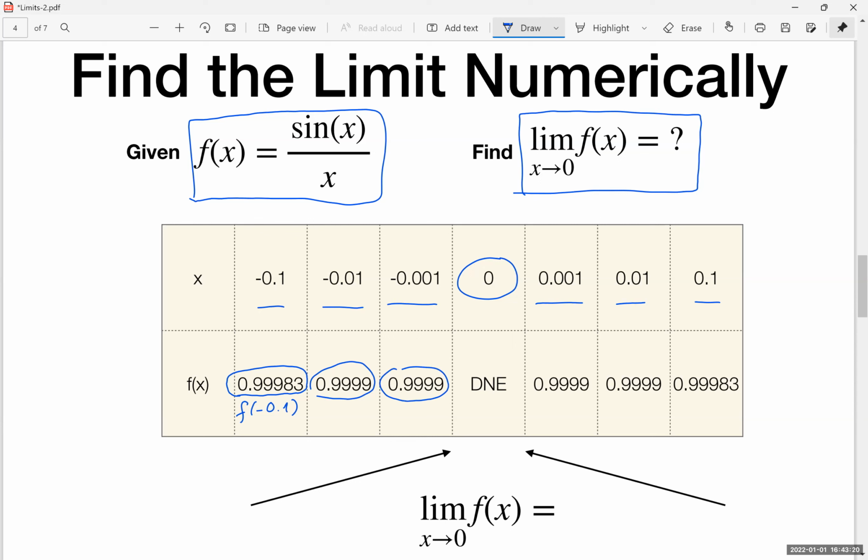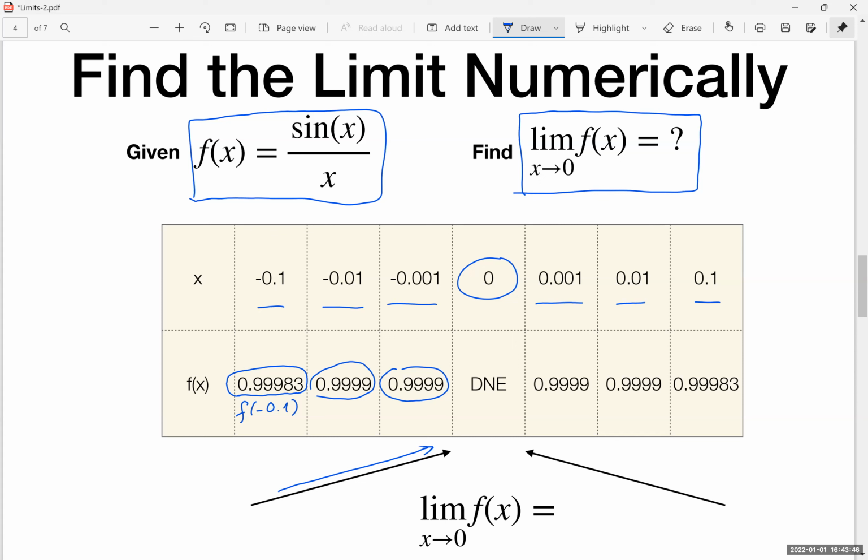All right, so this is the behavior of the function as x goes to 0 from the left side. It starts at a slightly lower value, but it keeps increasing toward 0.9999. That is the increasing pattern of the function as x goes to 0 from the left.